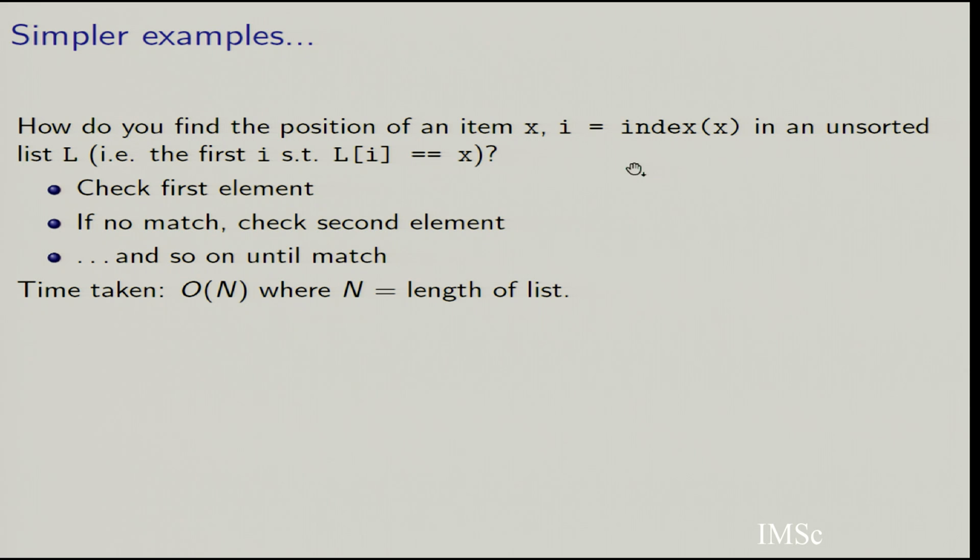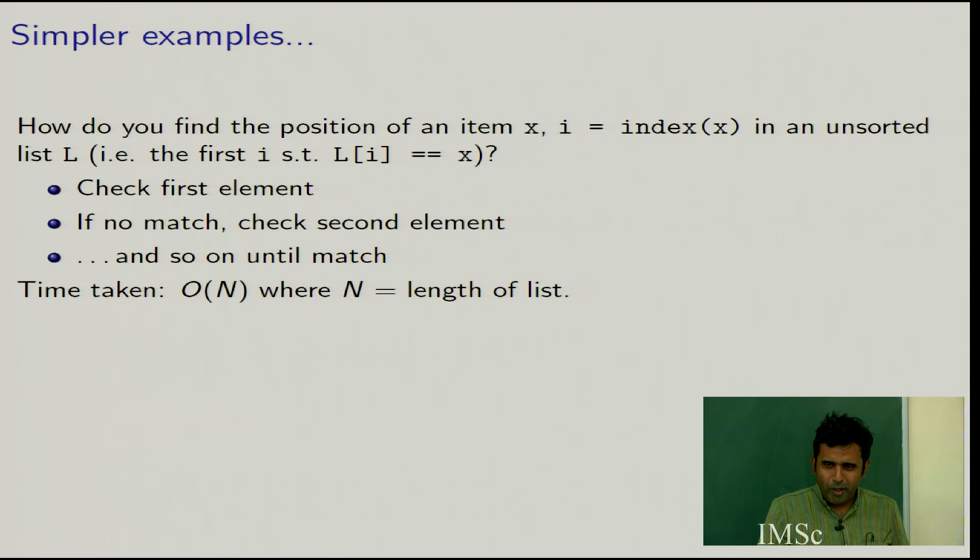I have given you a list of 100 numbers which are not sorted, and I want to find where the first position of the element x, let us say the number 3, occurs in that list. If the list is not sorted, there is no other way to do it. You have to check the first element, there is no match, you check the second element, and the third element, and so on until you match. The time taken is order n, where n is the length of the list.